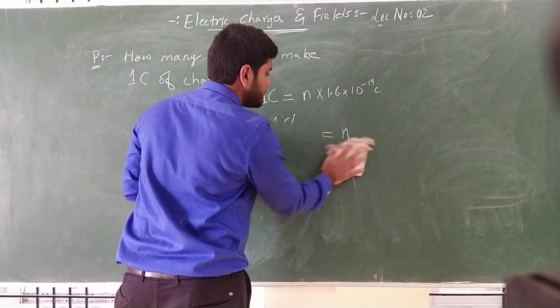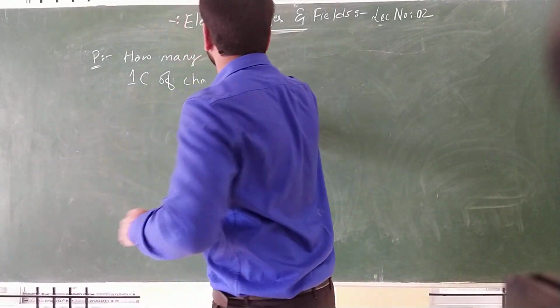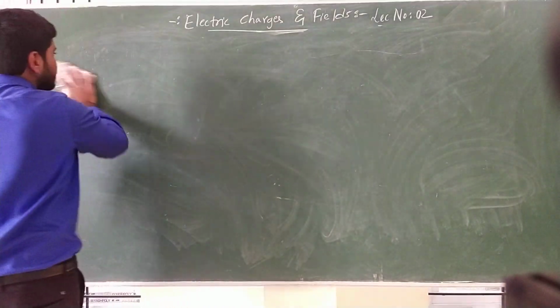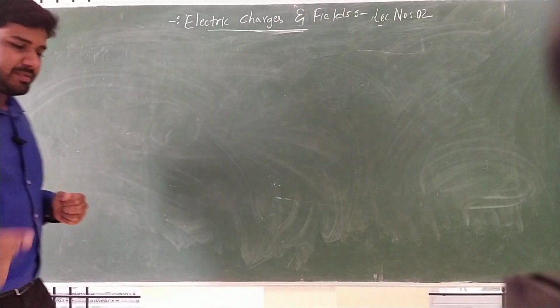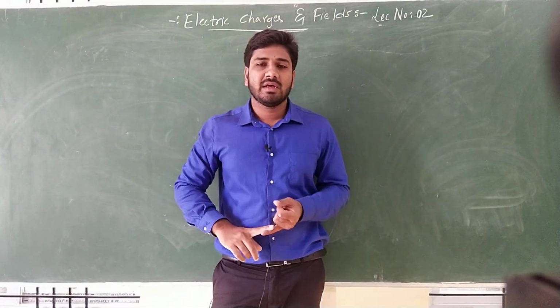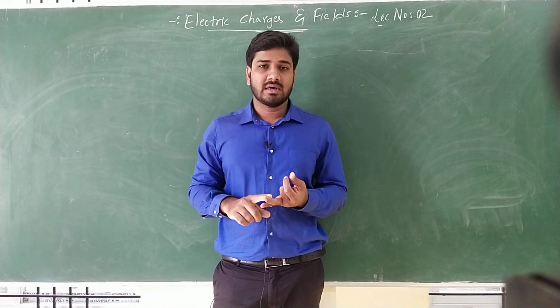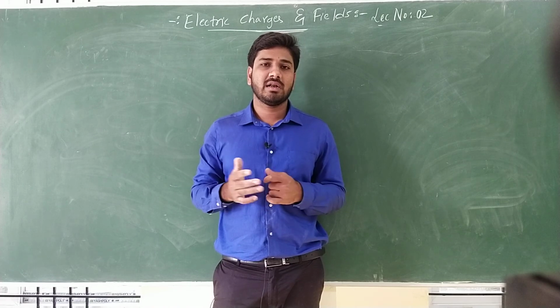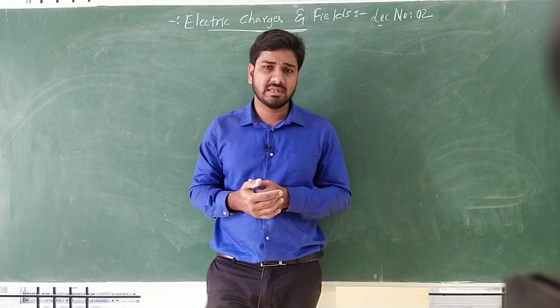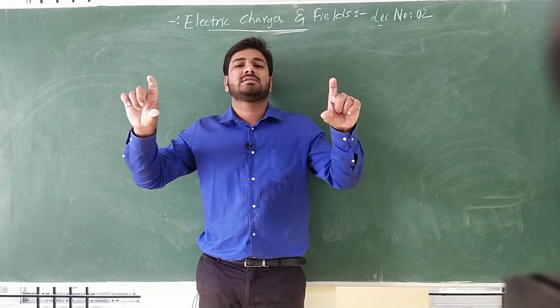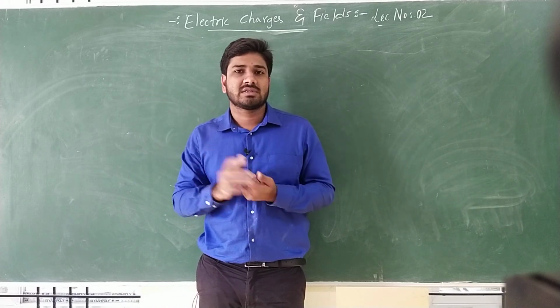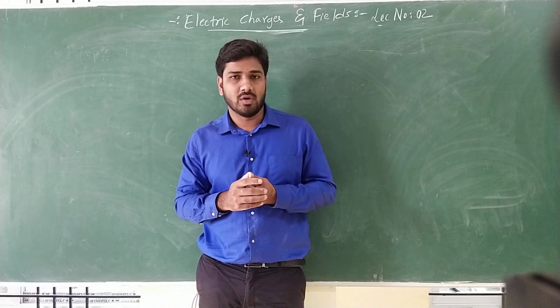I think you understood this problem: quantization of charge, conservation of charge, additivity. Let me repeat once again. Additivity means you can add the charges like real numbers. Conservation means charge can neither be created nor destroyed, but it can be transferred. The total charge of an isolated system remains constant.